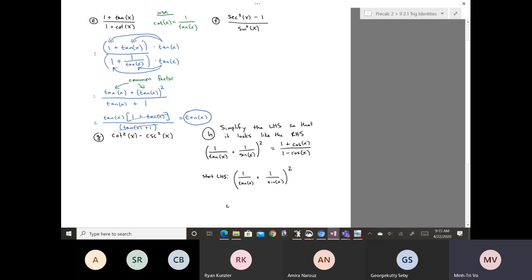Okay, so now it's just a single trig function. And so I am done. I mean, you can write it as sine over cosine, but that's not completely necessary.